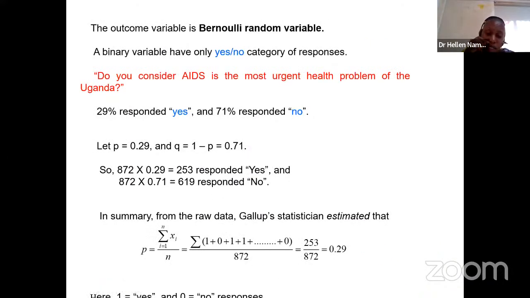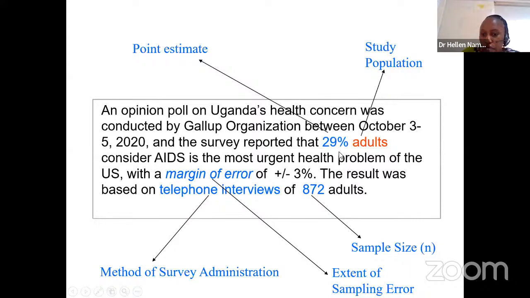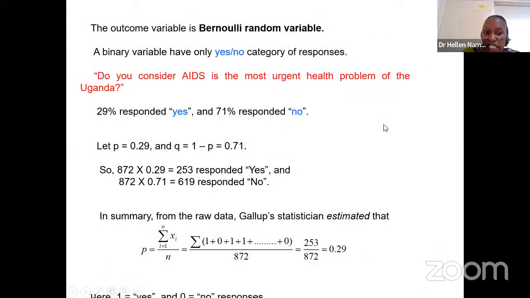So based on that example, there are 2 responses, the yes and the no category, because the question was: is AIDS an urgent health problem? The estimate we got says that 29% said yes.